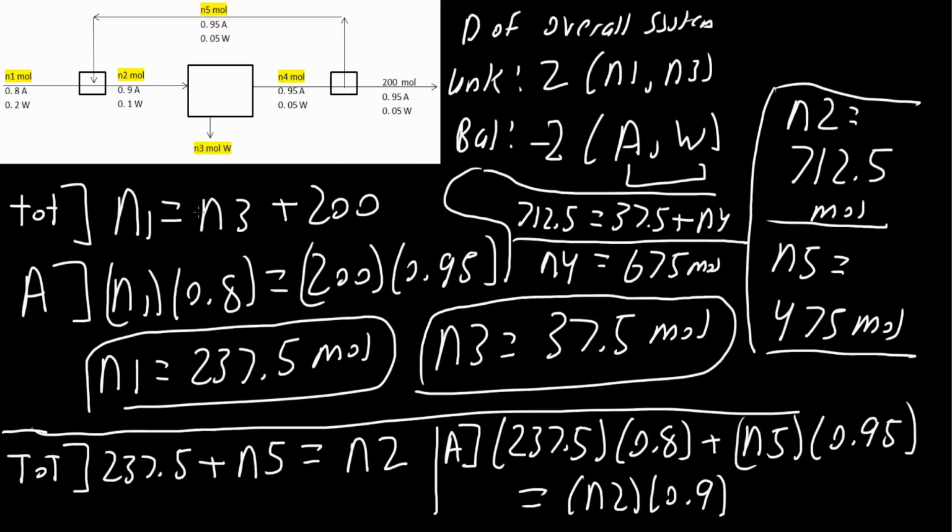Next, we could check whether N5 times 0.95 plus N1 times 0.8 is equal to N2 times 0.9. If it is, we're further checking. That's a good strategy at the end. If you have any extra time, just keep on trying different scenarios to double check that what you have is correct. And that's all you need to do for this problem.